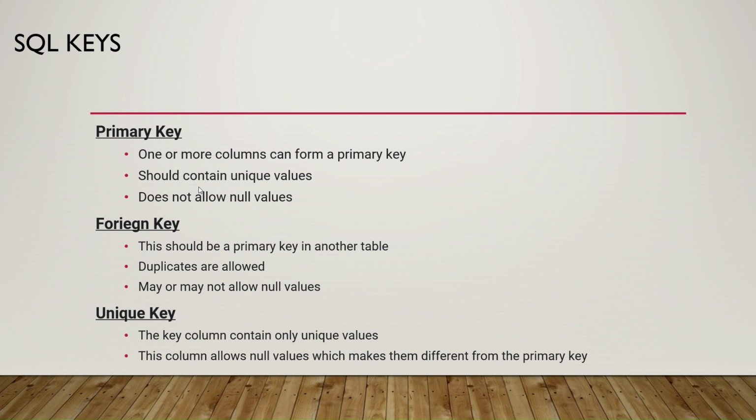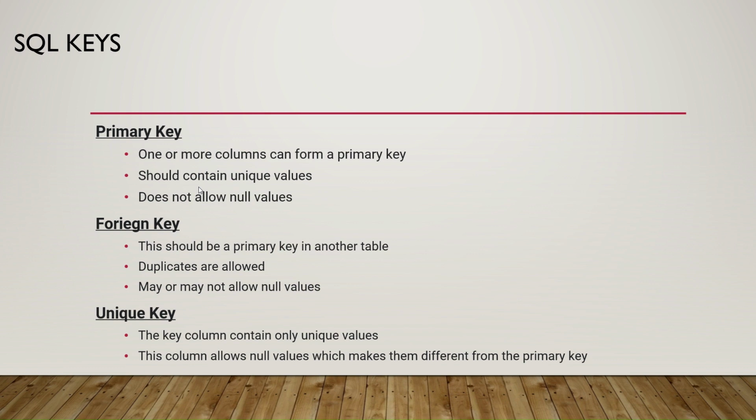The other table where it is a primary key follows the rules of the primary key, such as uniqueness and not null. So primary key and foreign key are primarily used for joining tables to establish the relationship among the tables.